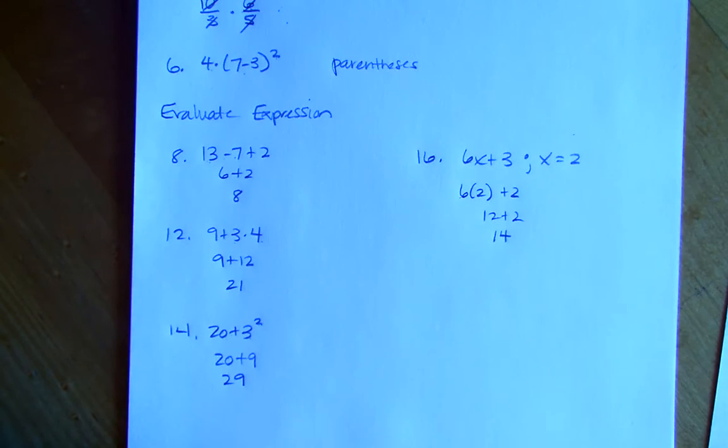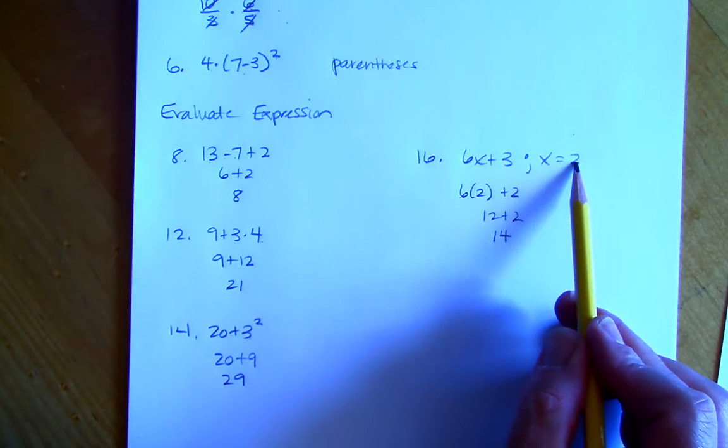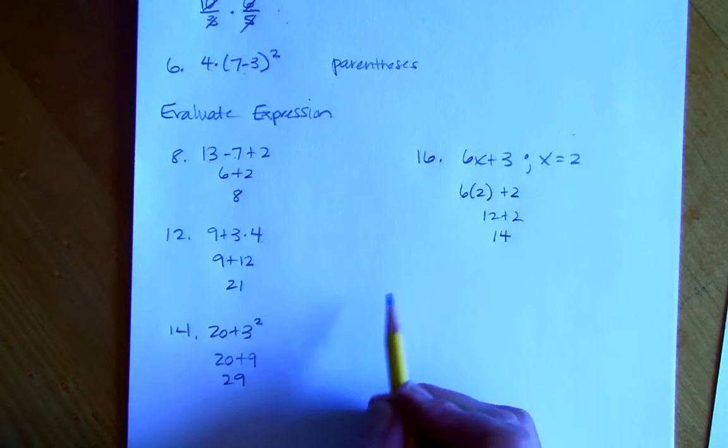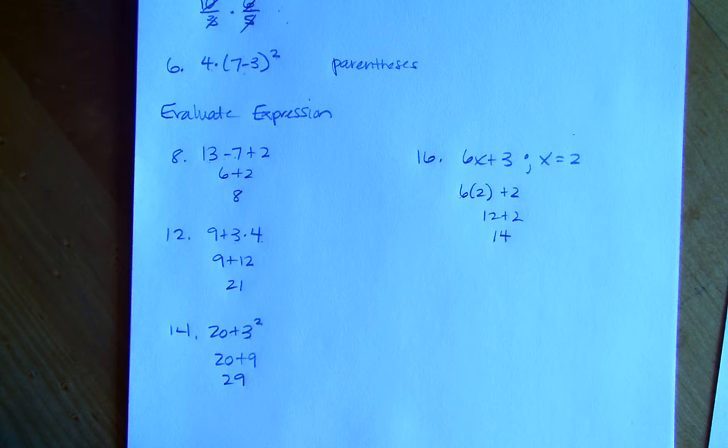So that's all that set is about, evaluating means plugging in. And then 25 and 26 ask you about, was the expression evaluated correctly using order of operations? If not, find and correct the error. So you can go ahead and try that.